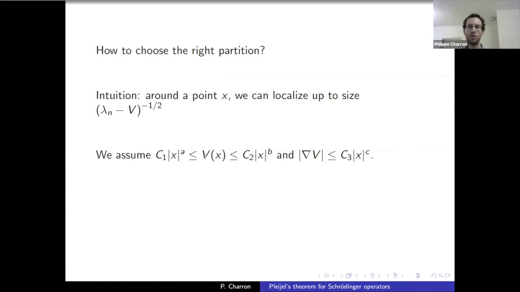At first we keep them very broad. We assume just that v is between two powers of the norm of x. And if you remember, in the last result that I presented with Bernard and Thomas, we had this assumption that v of x was bounded above and below by the same exponent.